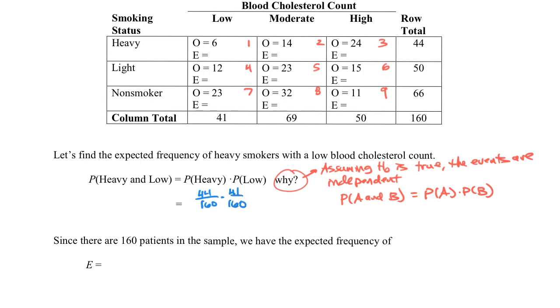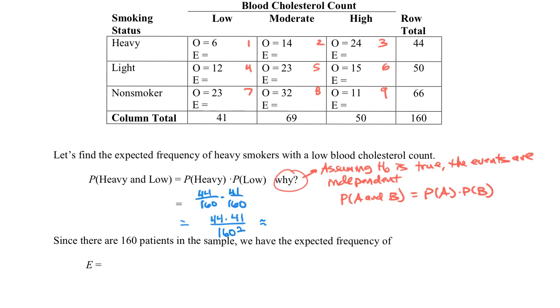I'm going to not simplify this for a reason you'll see in a second. But we know when we multiply fractions, we go straight across. So 44 times 41, over 160 times 160, which is just 160 squared. Now I'm going to also do the math here.